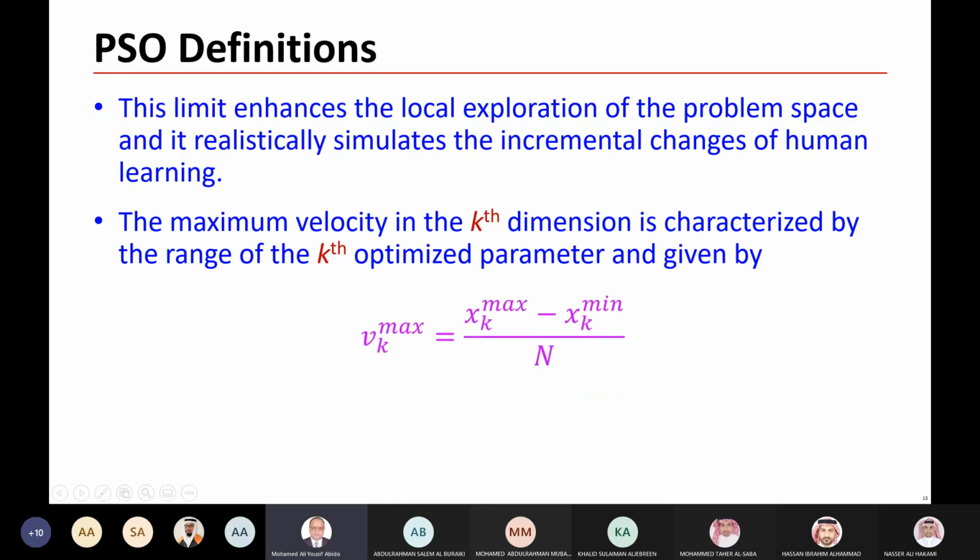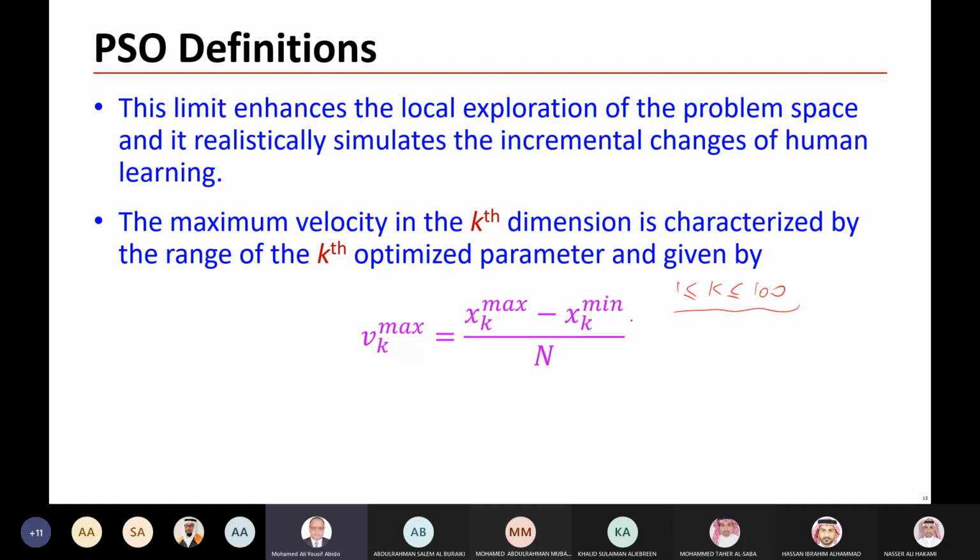This is Vmax in any dimension, whether k, T1, or T2. Considering that example, k between 1 and 100, for example.